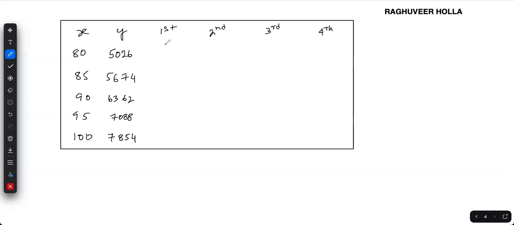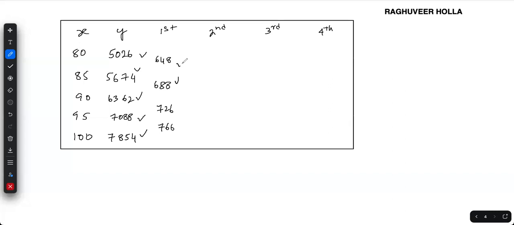As you can see, the first difference is this minus this, which is 648, and again this minus this, which is 688, this minus this, which is 726, and this minus this, you get 766.